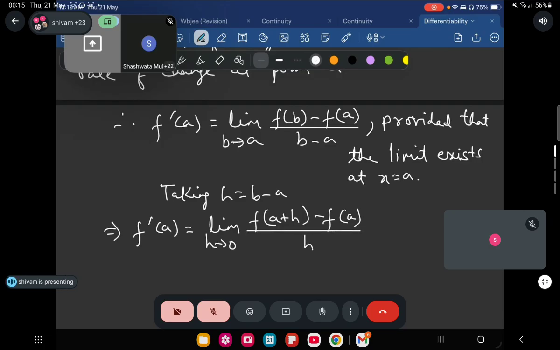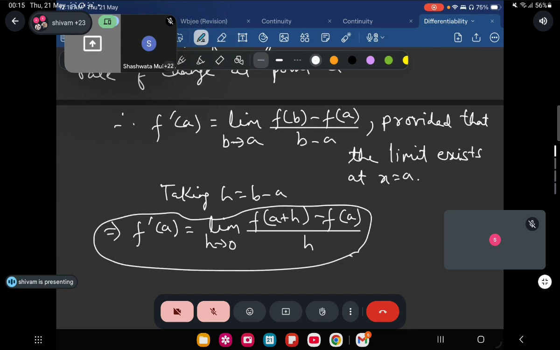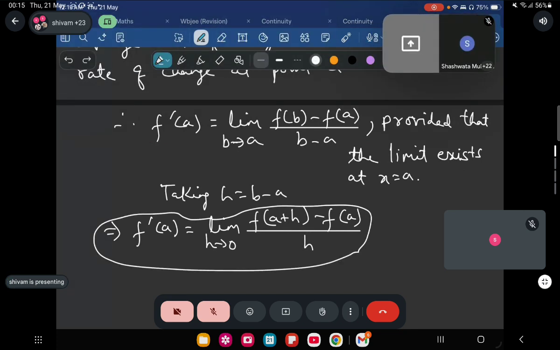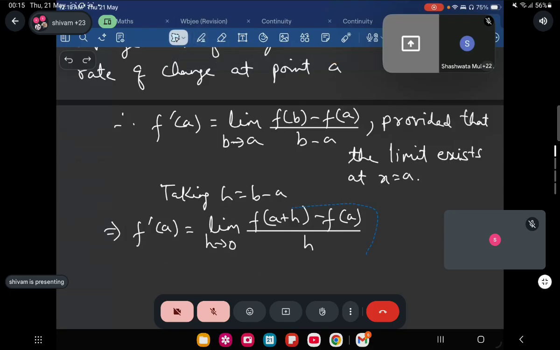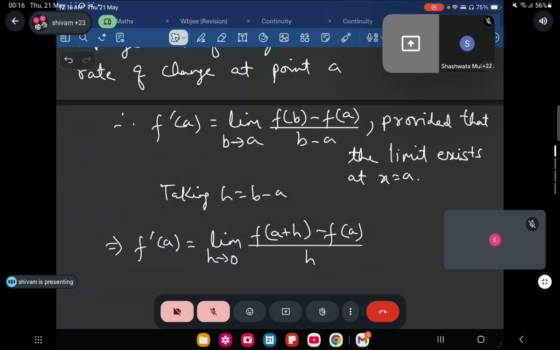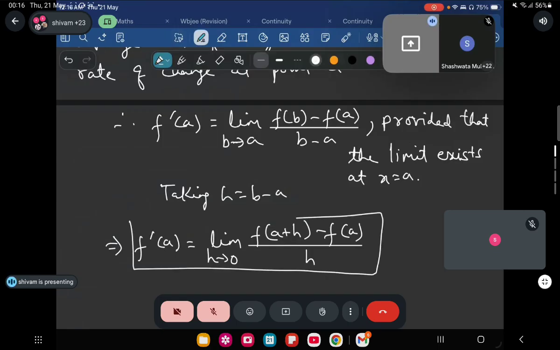Tell me, anyone having any doubt? This is the definition of derivative, and this is how we can find out the derivative of a function at a point. Tell me, anyone having any doubt, you can ask me.